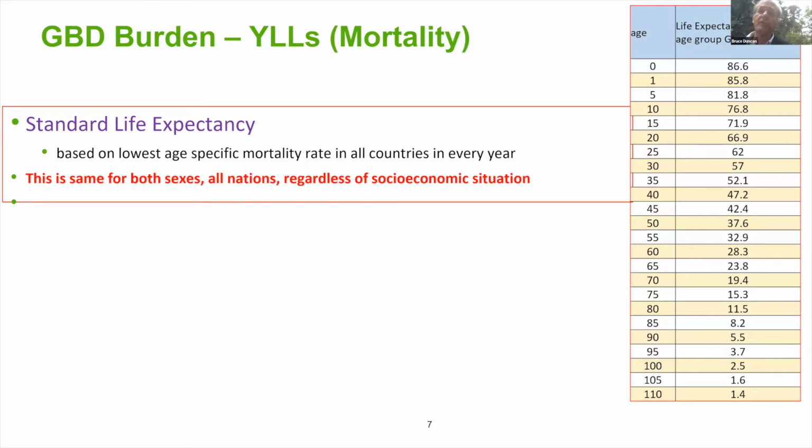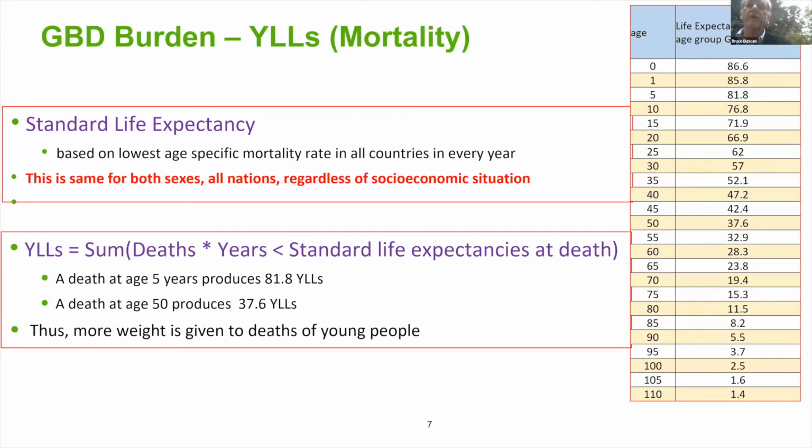It's the same for both sexes, all nations, and regardless of socioeconomic situation. It's estimated as the life expectancy of the country around the world with the longest life expectancy for each of these strata.